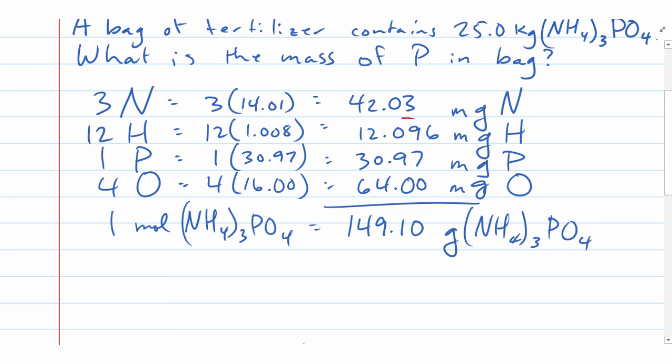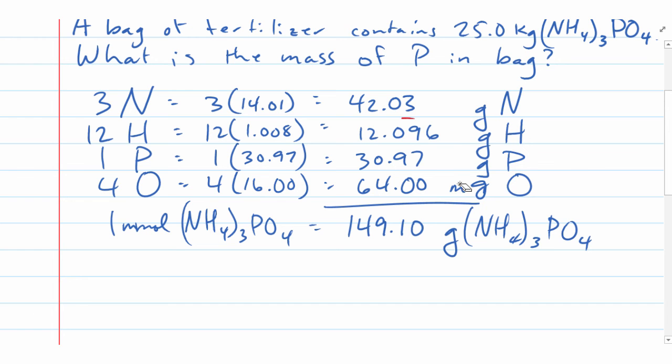And if all of these here would be in units of milligrams, that means that this answer here would be in milligrams. And this would be equal to 1 millimole. Good, 1 millimole.